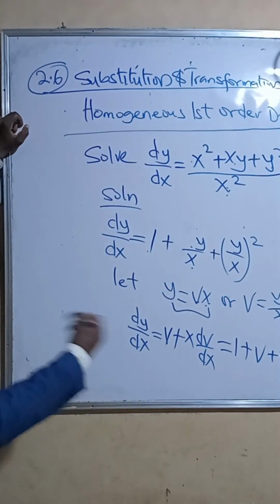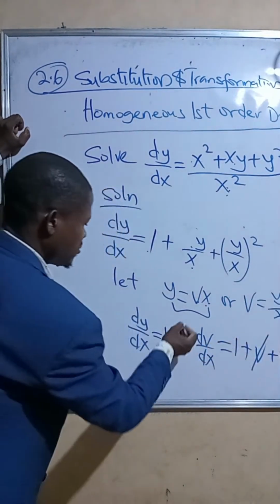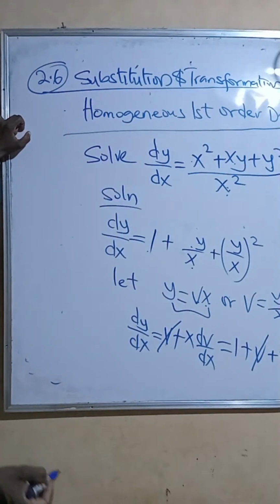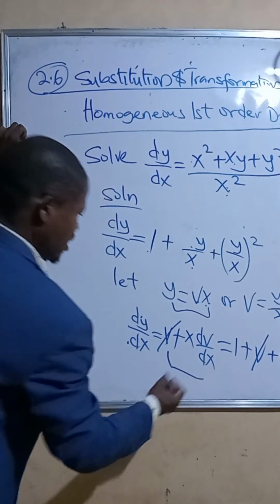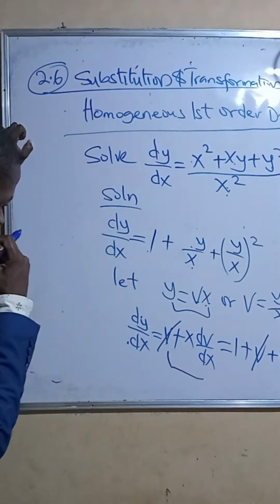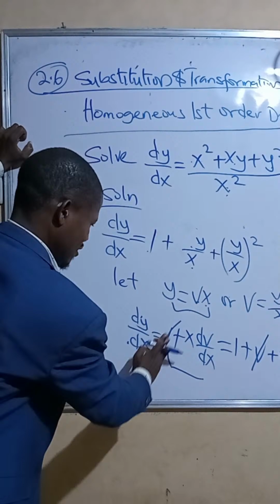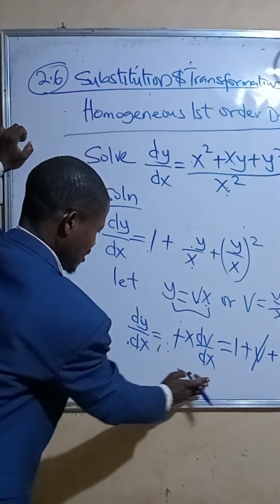As I said in the introduction, something will cancel. The v will cancel out. Don't forget the dx stays. Before I do that, let me not be too fast.